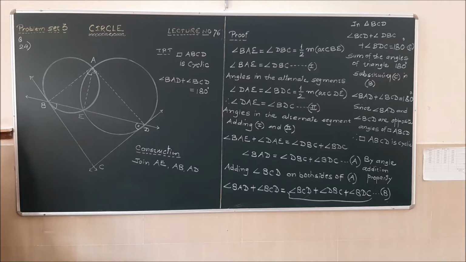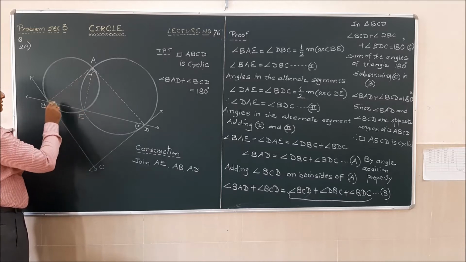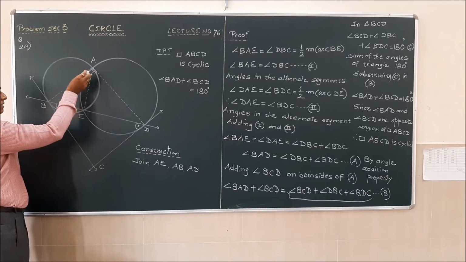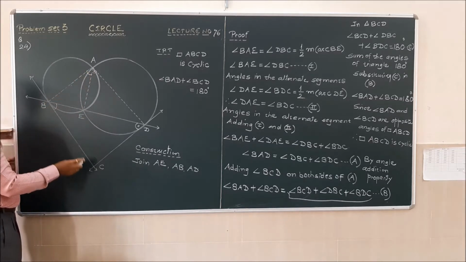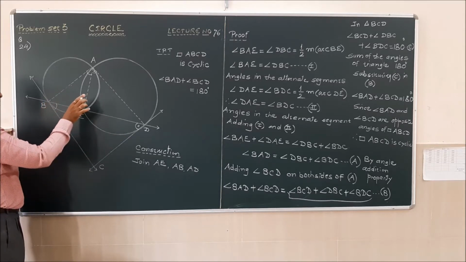So here you will find question number 24, in which we have to prove that quadrilateral ABCD is a cyclic quadrilateral. I repeat again, angle BAE is half arc BE, angle CED is also half arc BE.